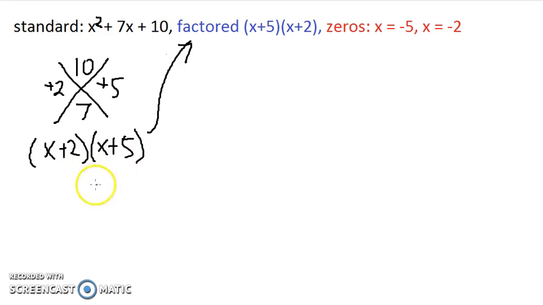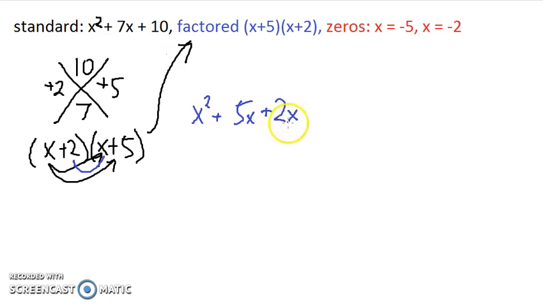If you multiply these two together, if you FOIL this, x times x is x squared, x times 5, I'll just go ahead and do this out for you. So that's x squared plus 5x, then you have 2 times x, plus 2x, then you have 2 times 5, which is 10.